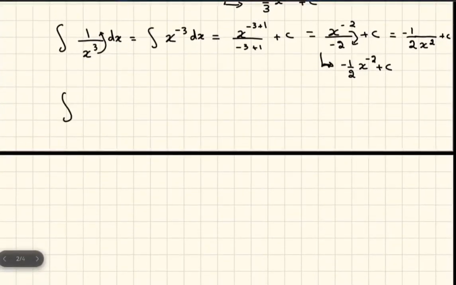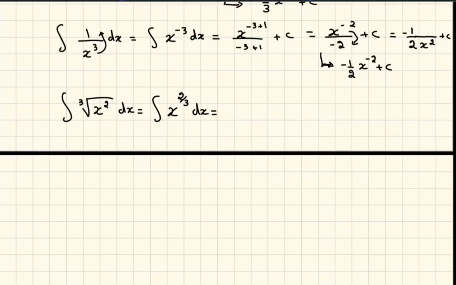Now, let's say we have integral of cube root of x squared. So again, I cannot work unless I have an exponent for x. So remember how to rewrite this in exponent or power. We write 2 over 3.